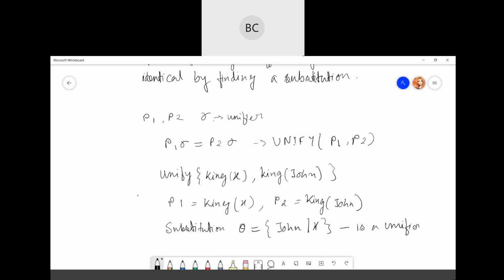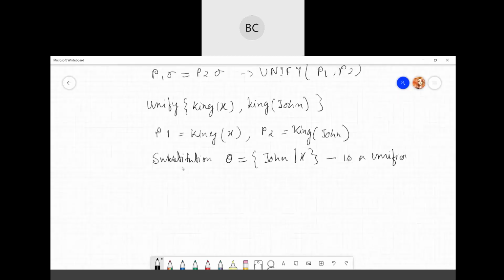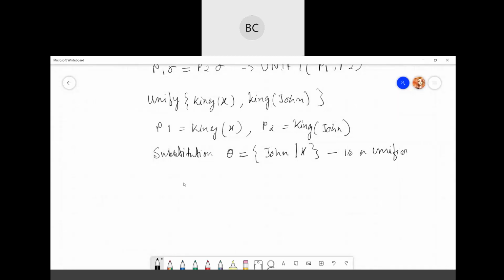Before applying the substitution algorithm, we need to follow certain rules or conditions.